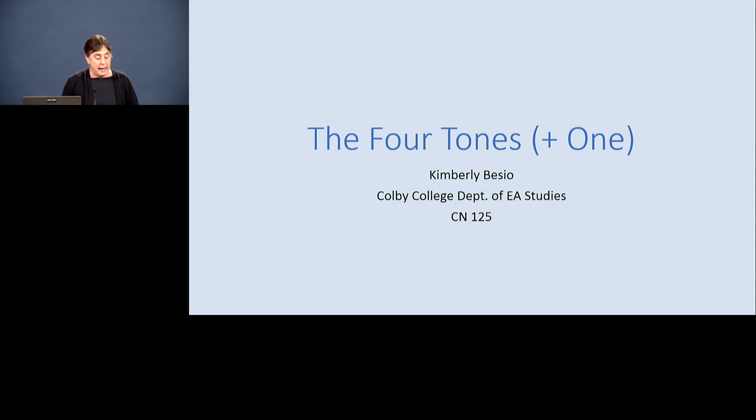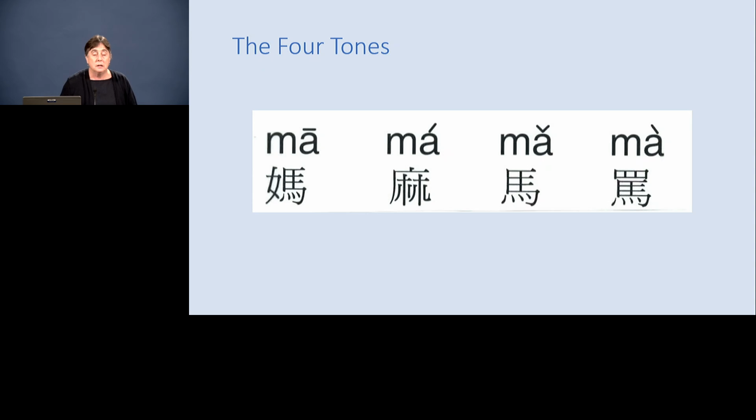Let's look at the 4 tones of Mandarin Chinese. As we learned in our first mini lecture, the 3 components of initial, final, and tone, and for each syllable there is a character, or most likely many characters, that corresponds to that combination.